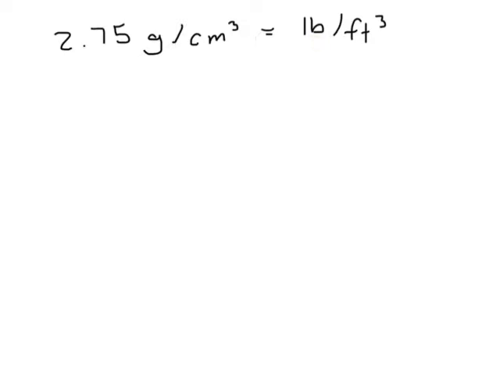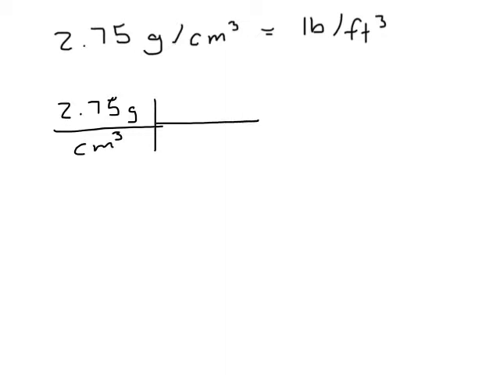Pounds are a weight, but that's just the failure of English units to not have a convenient mass unit. So weight per unit volume. So I'm going to say 2.75 grams per centimeter cubed.